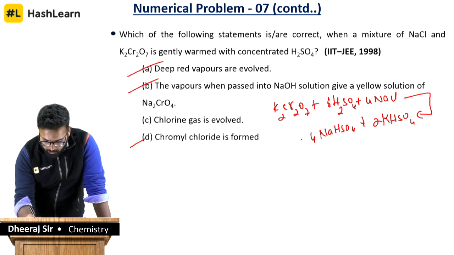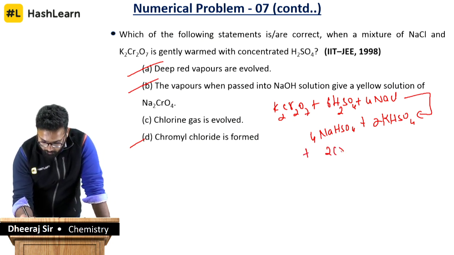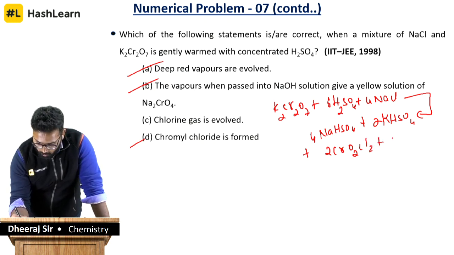You can balance the reaction, plus 2 moles of chromyl chloride, CrO2Cl2, plus 3 moles of H2O.